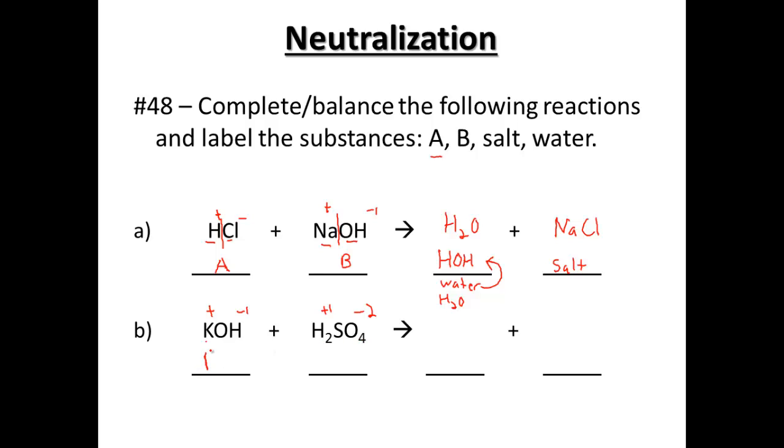So our base is potassium hydroxide, our acid is sulfuric acid, starting with the H. This time around, when potassium combines with sulfate, we're not going to make KSO4, but K2SO4. Remember, we have a minus 2 and a plus 1, so when we crisscross those two, we get K2SO4, which is going to be our salt.